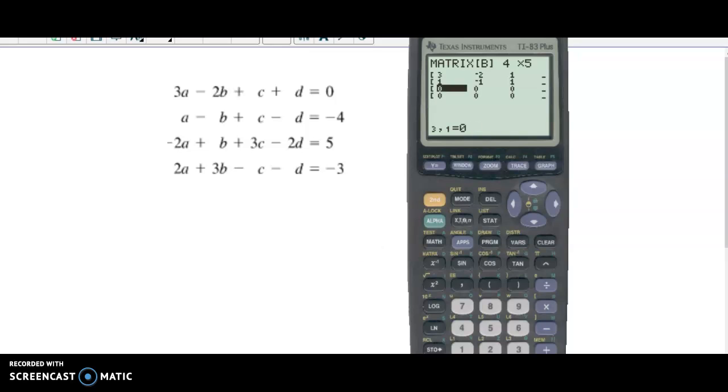And the next row is negative 2, 1, 3, negative 2, and a 5. The final row is 2, 3, negative 1, negative 1, and a negative 3.